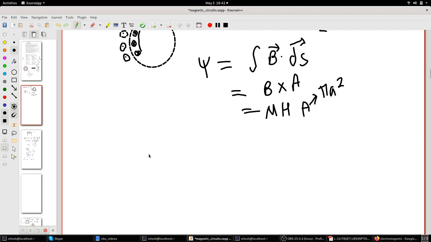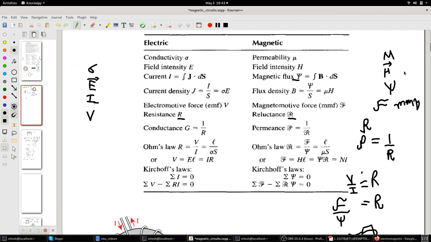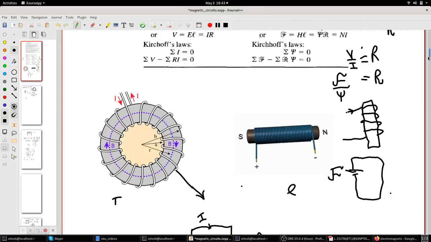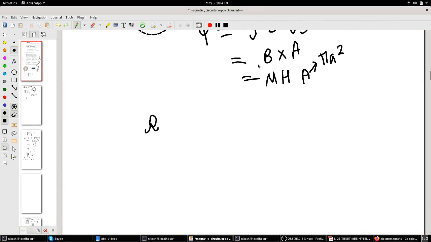So I know that by definition, if I look at the analog circuit here, reluctance is given by MMF divided by psi. So I can write this reluctance as MMF divided by psi.